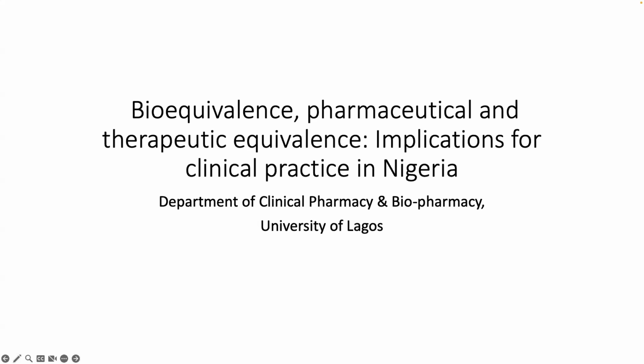Now, because of that, innovator medicines are very expensive, and usually to allow them to recoup their money, they're given a patent period of about 10 to 12 years as well, which allows them to market and sell exclusively.